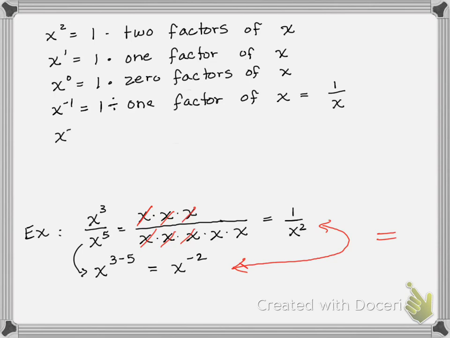So x to the negative 2 should be 1 divided by 2 factors of x. So 1 over x squared. So a negative exponent, again, when we think of these exponents as counters, that negative sign really just means do the opposite of repeated multiplication, which is repeated division. So every time we have a negative exponent, that is saying take the reciprocal of the base.